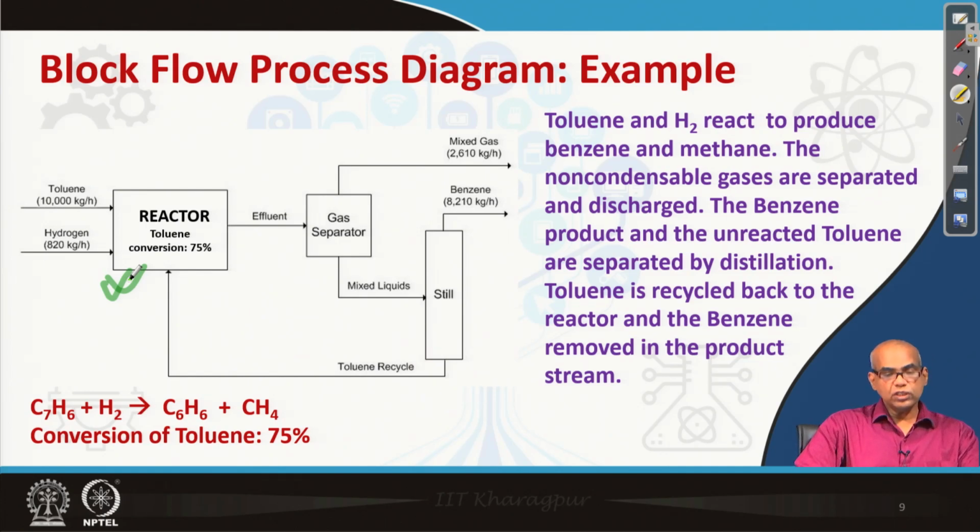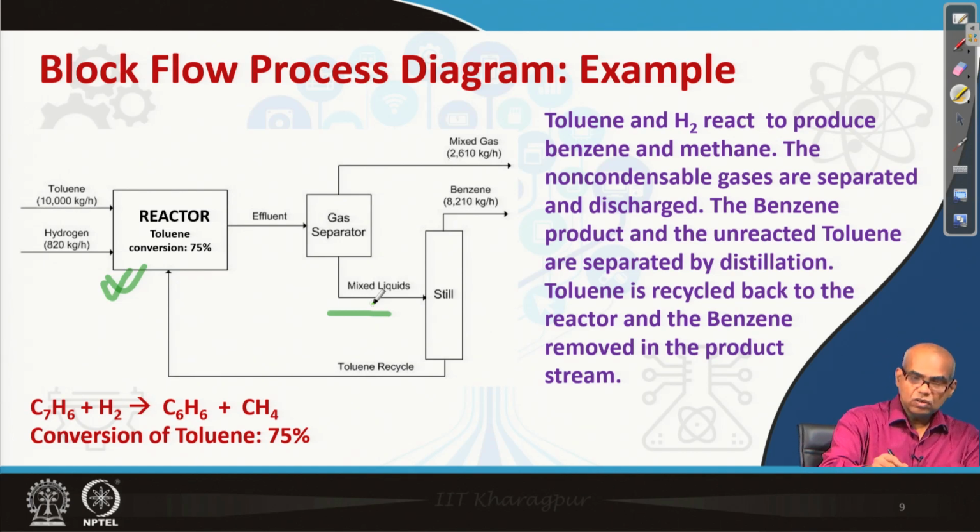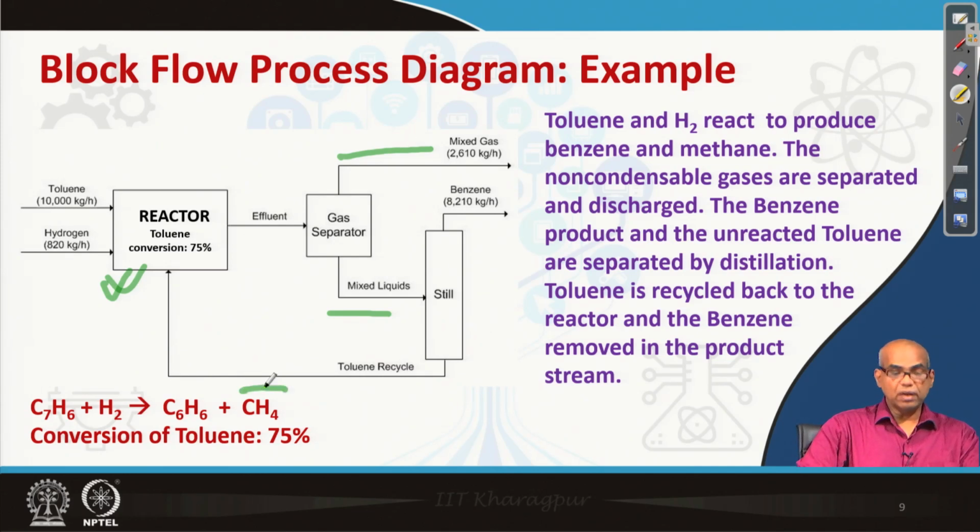So, toluene and hydrogen react in the reactor. The effluent stream will contain a liquid stream and a gas stream. The liquid stream will contain the benzene and the toluene, and the gas stream will contain the methane and maybe some unreacted hydrogen.